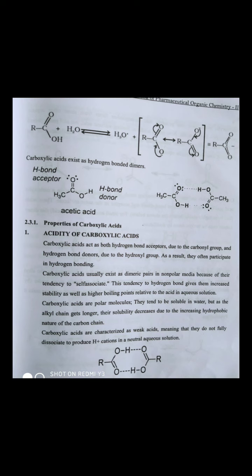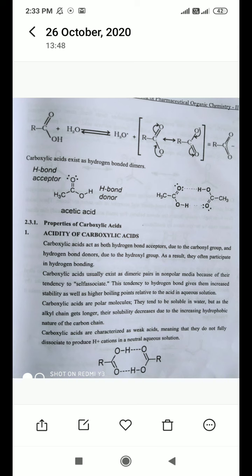Acetic acid is polar in nature, so it is easily soluble in water, because water itself is polar in nature. But if the CH3 methyl group is replaced with a 9 carbon chain, then the compound becomes non-polar, or hydrophobic in nature. So it cannot easily dissolve in water, or it is insoluble in water.